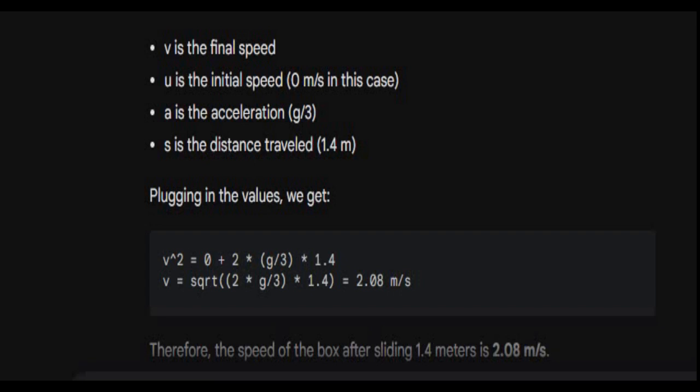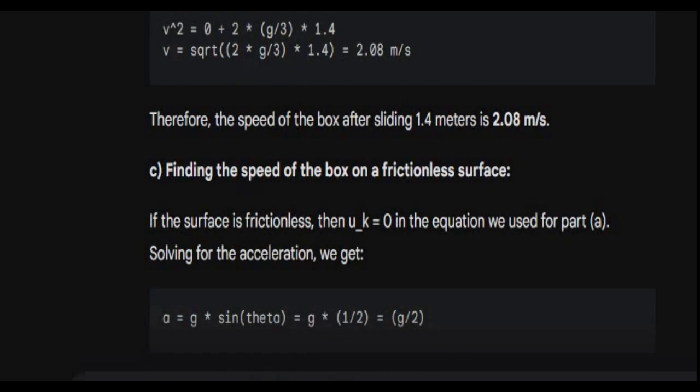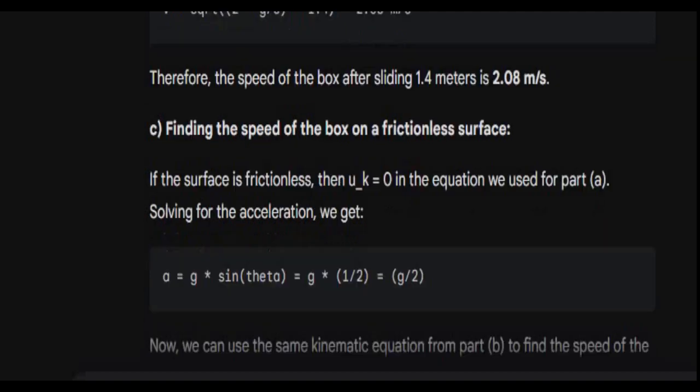S is the distance traveled, 1.4 meters. Plugging in the values, we get v² = 0 + 2 × (g/3) × 1.4. V = sqrt(2 × g/3 × 1.4) = 2.08 meters per second. Therefore, the speed of the box after sliding 1.4 meters is 2.08 meters per second.